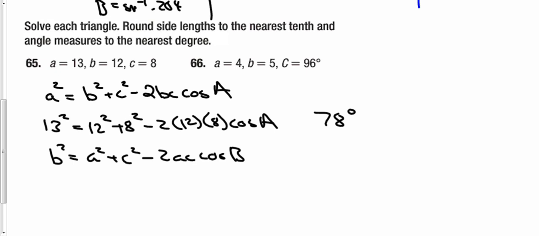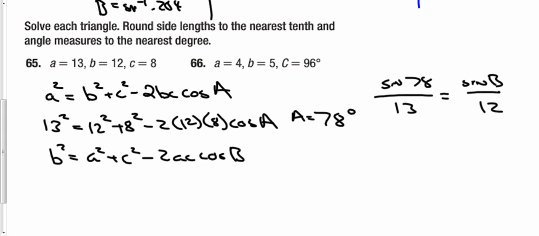Because I know that angle A is equal to 78, I could also do the sine of 78 over 13 is equal to the sine of B over 12. Either one of those will get me to the right answer.